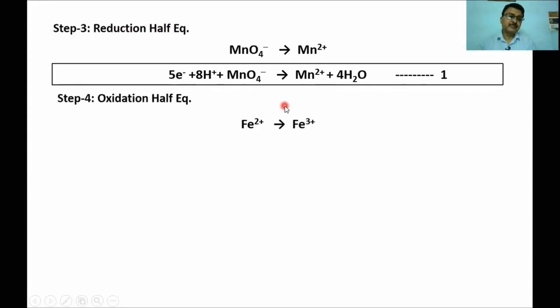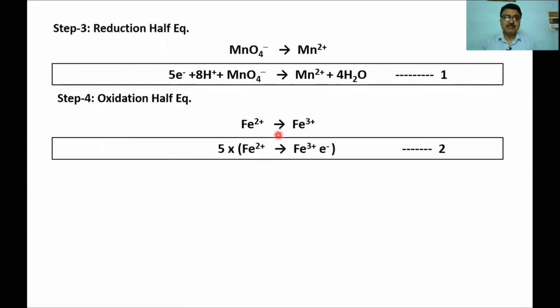Clear? Step 4, oxidation half equation. So this is straightforward. Ferrous ion is being oxidized to ferric ion. So let us balance it. We have added 1 electron to the right hand side of the equation to make the charges equal.